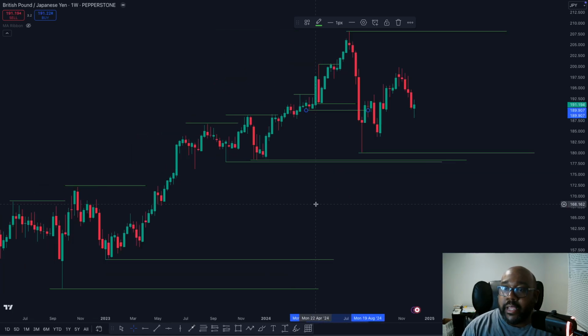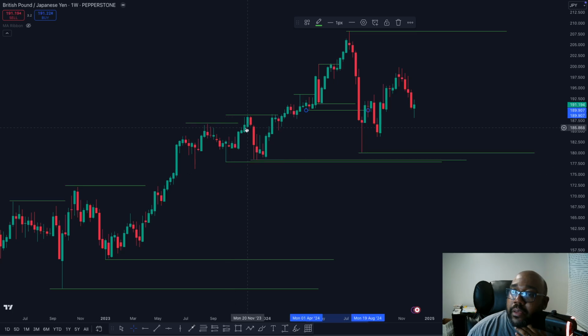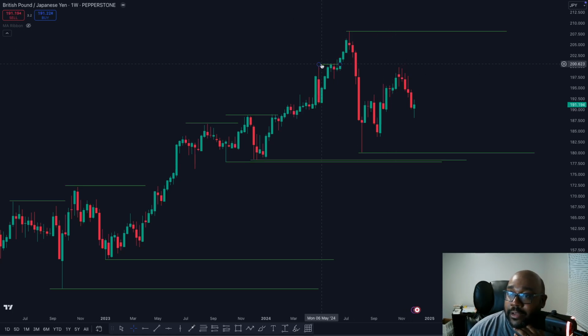But to me, this is still one range. I don't like that. That makes sense. This doesn't. You know what? If the candles disregarded that, I'm going to disregard it. This is just one big leg.